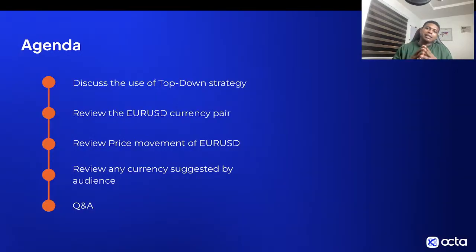So in today's agenda, we are going to discuss the use of top bottom strategy. Two, review the Euro USD currency pair. Three, review the price movement of Euro USD.